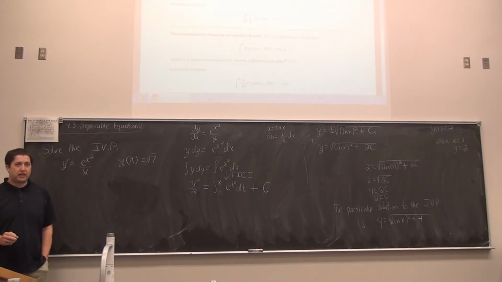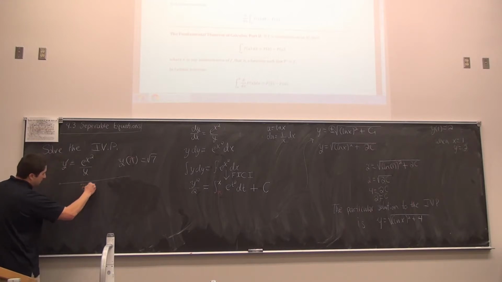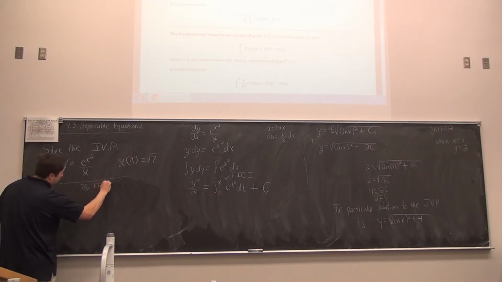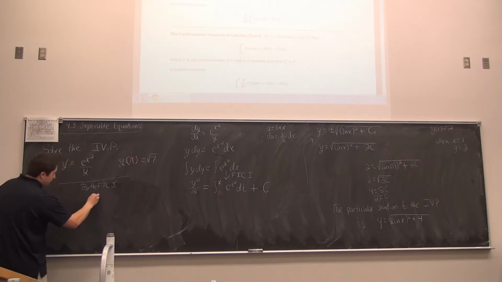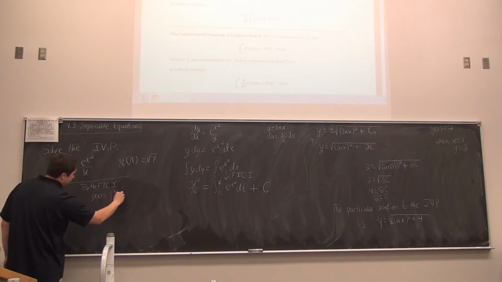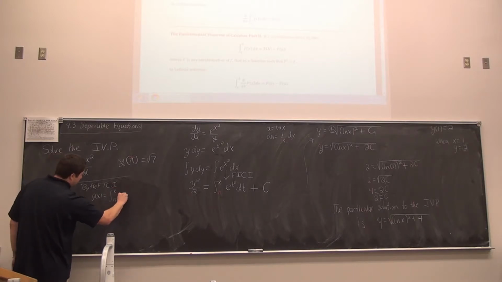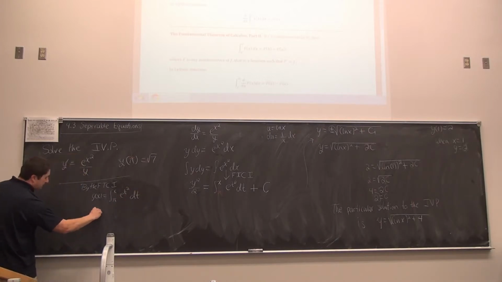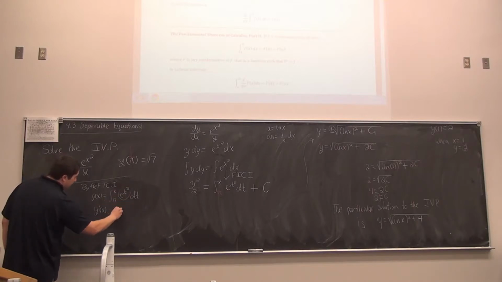So that's a kind of a strange step to take, but we know by the fundamental theorem of calculus, part 1, if g of x is the definite integral from pi to x of e to the t squared dt, then the fundamental theorem tells us that g prime at x is all of this with the variable x itself.